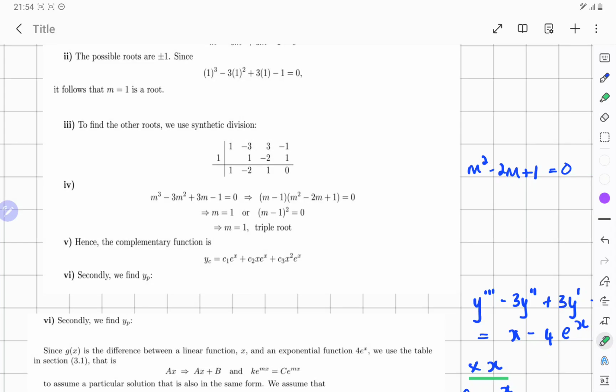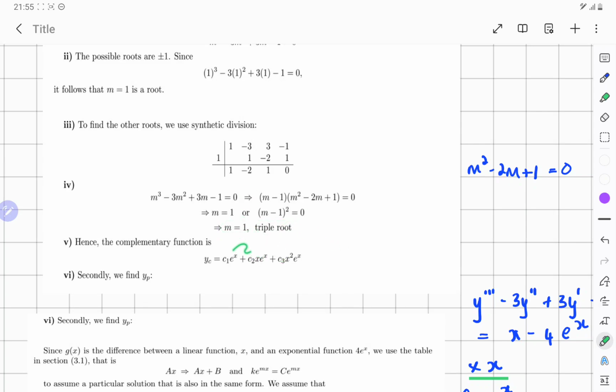When I factorize that, I get (m minus 1) squared. Just make 100% sure you understand this: I get m equals 1 three times, so the multiplicity is 3. Multiplicity is the number of times the root appears. It is 3 times, hence a triple root.